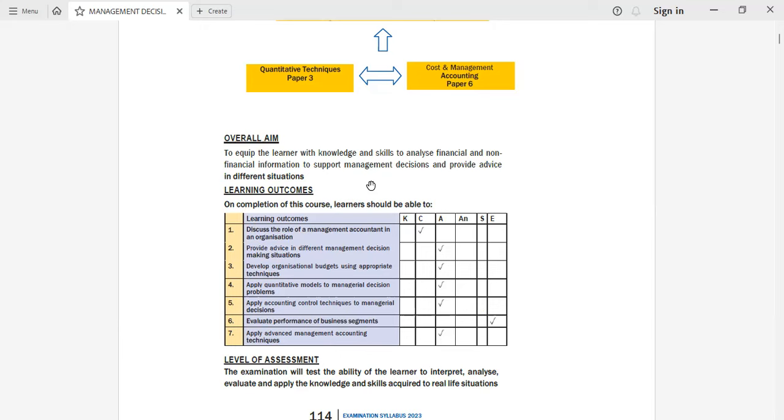So we are focusing on the quantitative models or methods, but at the end of the day, we have to tailor them and advise accordingly. That's the fourth outcome. Then the fifth outcome: we apply accounting control techniques to managerial decisions.